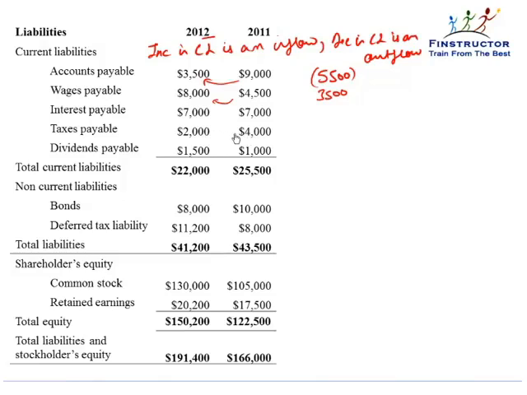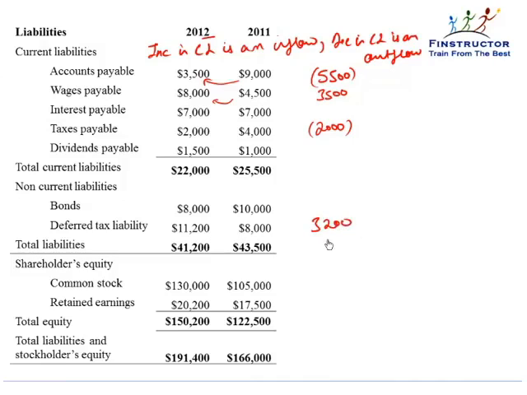Taxes payable came down by $2,000. That is, not only did I pay the taxes for this period, I also paid another $2,000 of tax due from previous years. Deferred tax liability, as we understood, going up means we did not pay tax. Our liability of tax has gone up to the tune of 3,200.